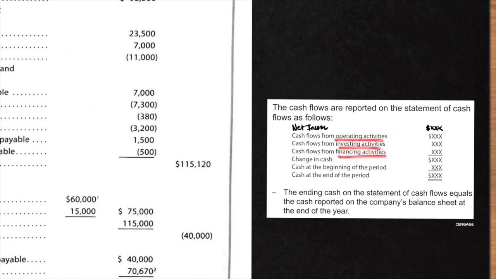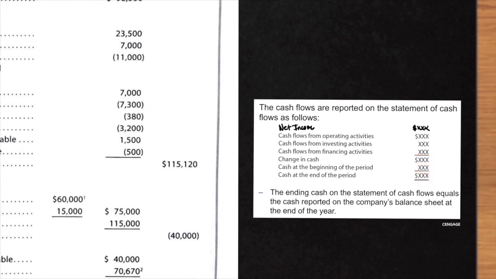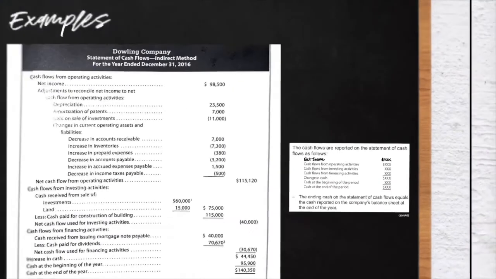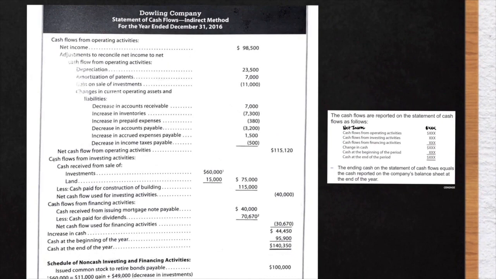So you got to start off with that because that is the amount we're trying to adjust, or trying to get to cash basis. And there it is, operating, investing, financing. There's a change in cash, and then you look at the beginning cash, and then you have a final ending cash.